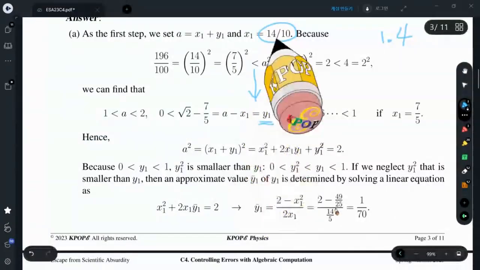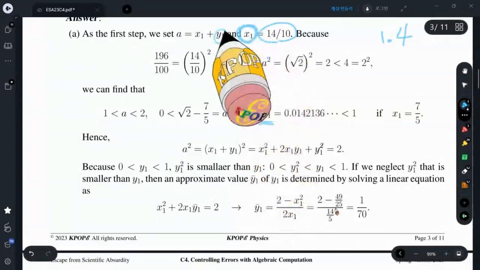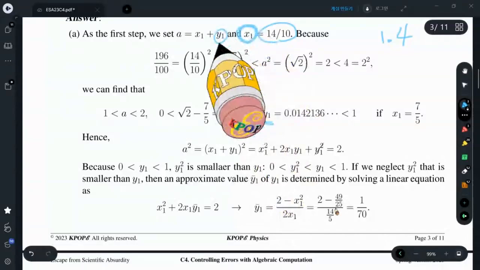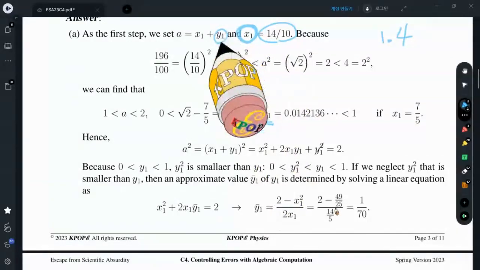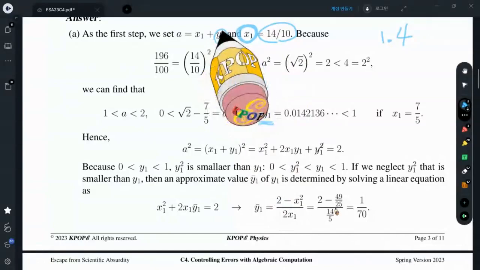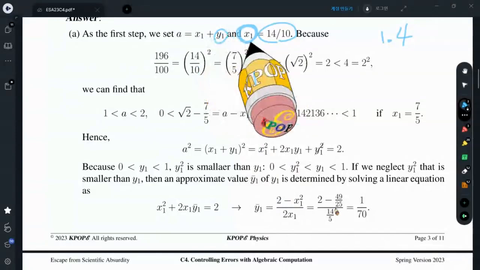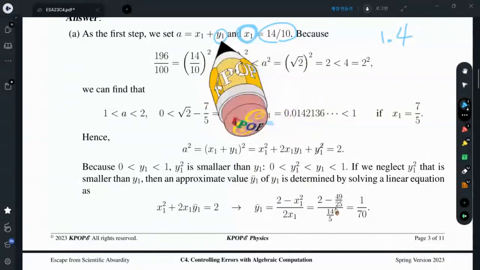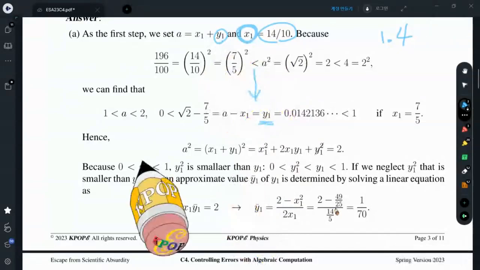This is a dominant value, but we have an error, and we do not know what the exact error is. As soon as we know the exact error, we have finished the game. However, we only know the approximate value of the error. So we would like to decrease y1. So that is this method.